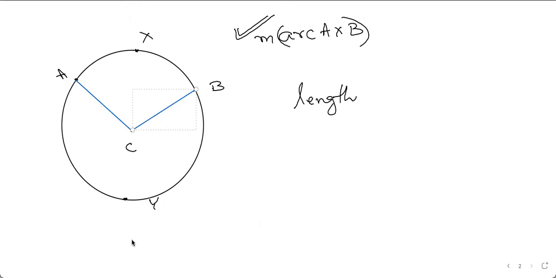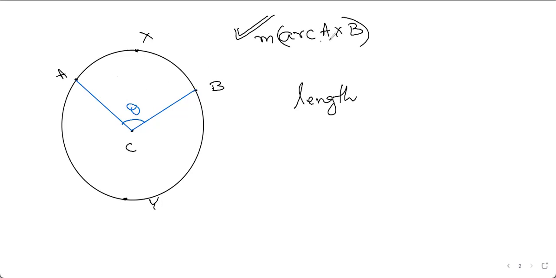So if we are measuring arc AXB, then this angle is the measure of this arc. So what did we do? We constructed a radius at the end points of the arc.